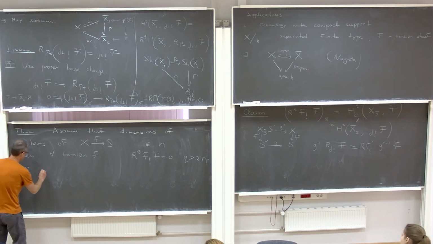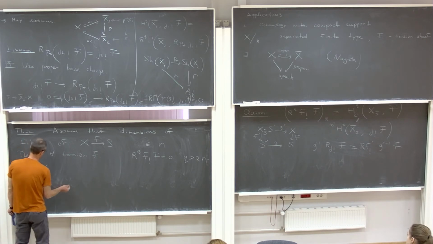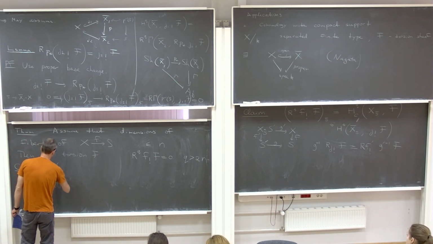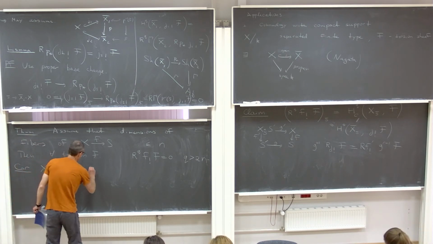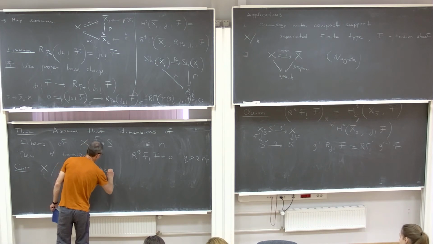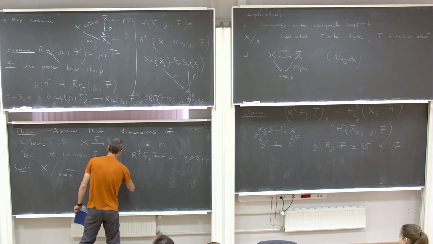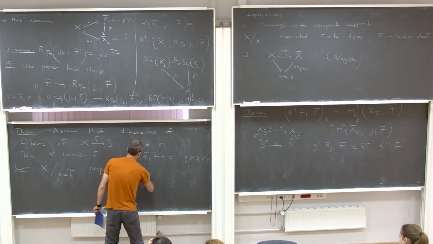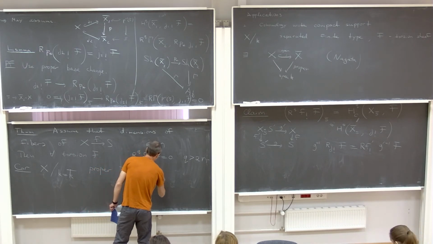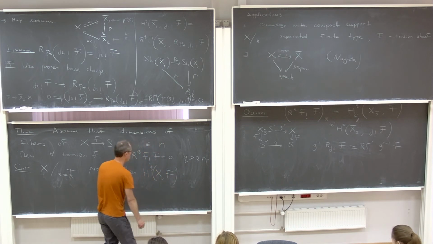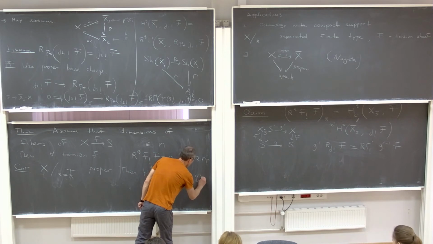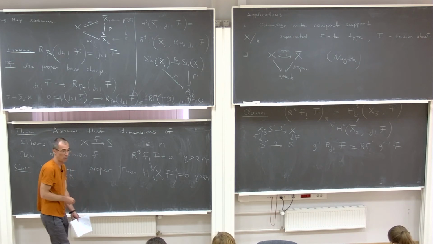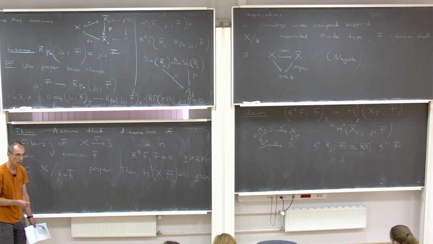So suppose I have X over k equal to k bar, an algebraically closed field. Suppose that it's proper, then H^q of X with coefficients in any torsion sheaf, usual cohomology, is 0 when q is greater than twice the dimension of X. And this is a very nice statement, right?